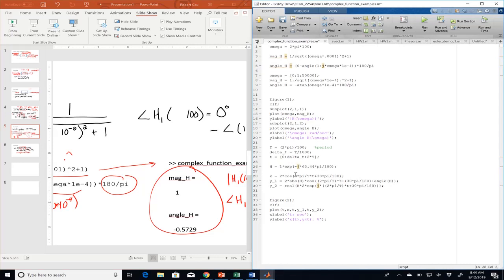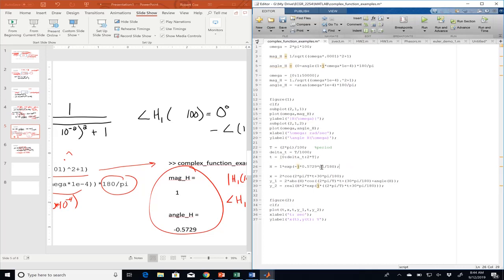So I'm going to make my magnitude 1 times the exponential of minus j times the angle that I got, which was negative 0.5729.